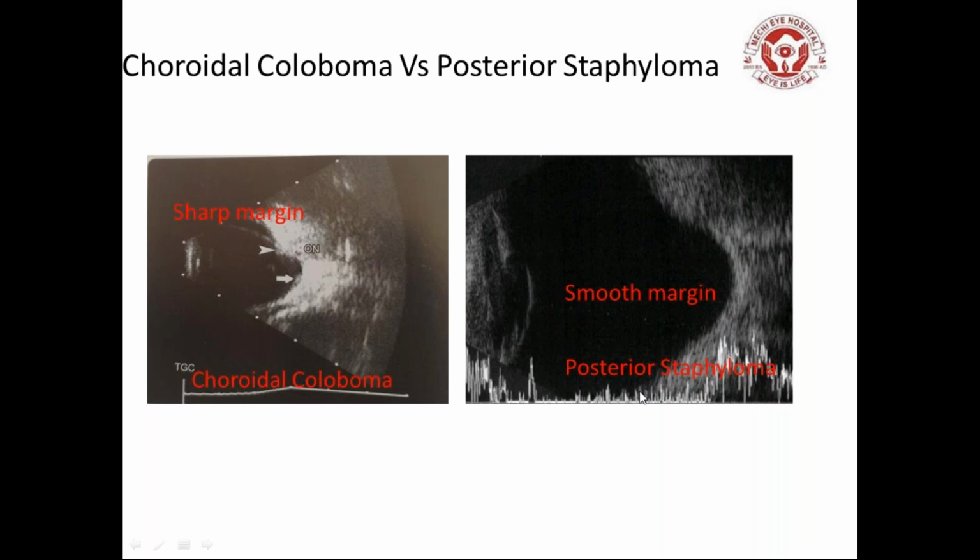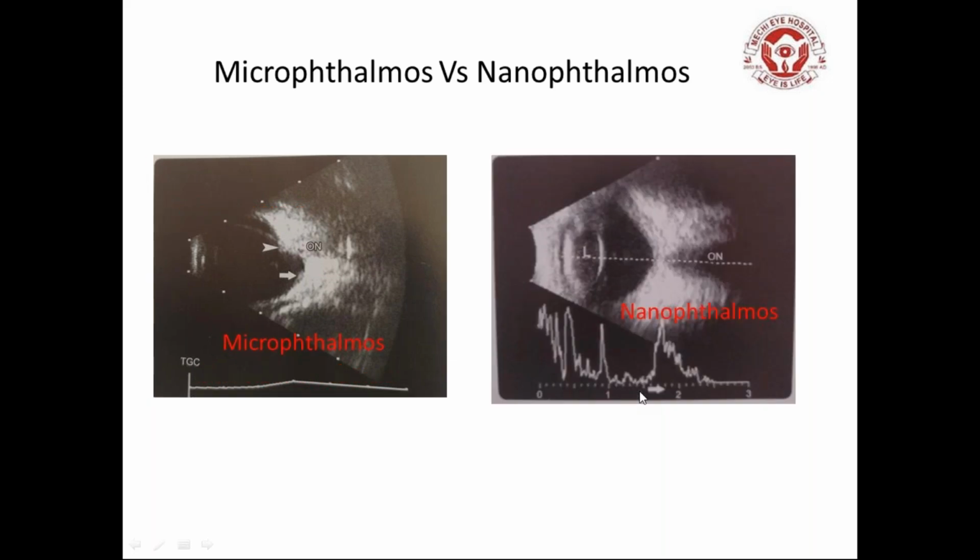Now, microphthalmos and nanophthalmos. Everybody has heard about the nano car. What is the feature of a nano car? Every body part of the nano car is small except the pilot or driver.